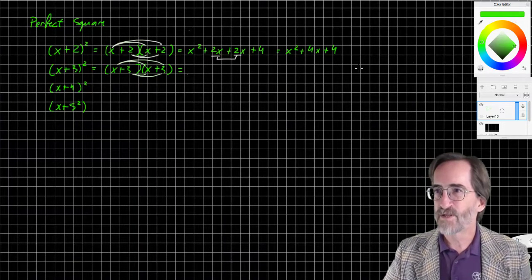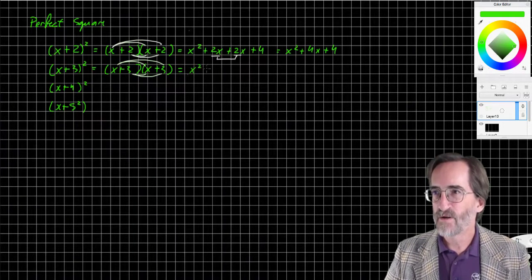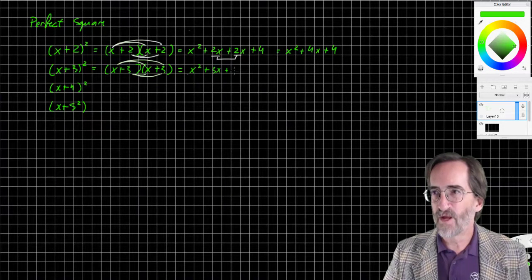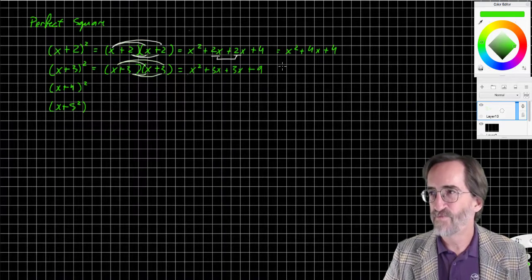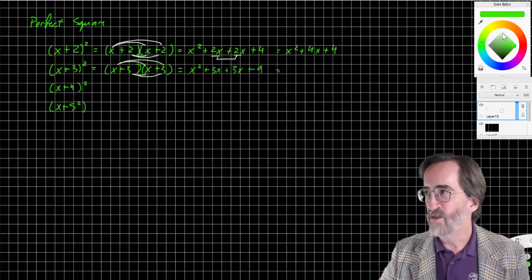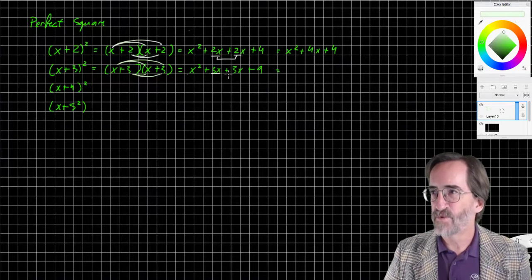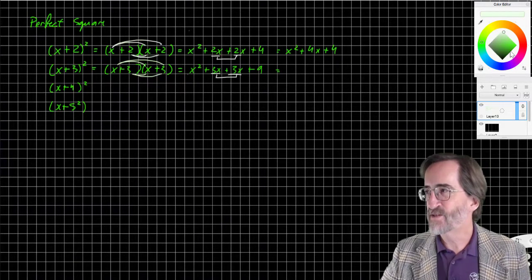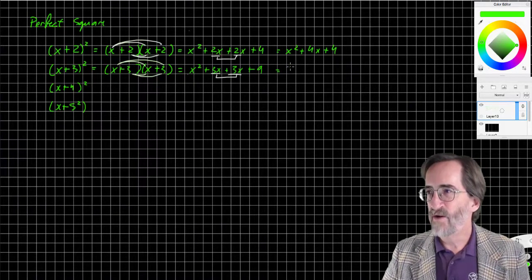So x times x is x squared. x times 3 is 3x. 3 times x is 3x. 3 times 3 is 9. So combine the middle terms. 3x plus 3x is 6x. So we have x squared plus 6x plus 9.